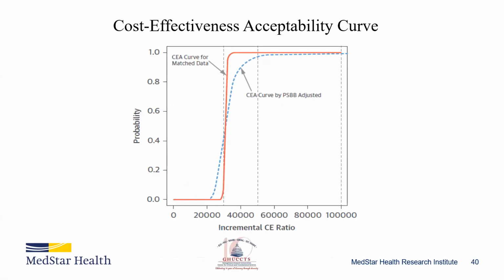And so before we do our conclusion, this is the cost-effectiveness acceptability curves for both the matched data and the IPW adjusted. And they're fairly similar here, although you can see for the matched, it's much more pronounced here. But of course, you have less data here for the matched data. But you can see that basically we have well over 90% probability of it being cost effective at $50,000.